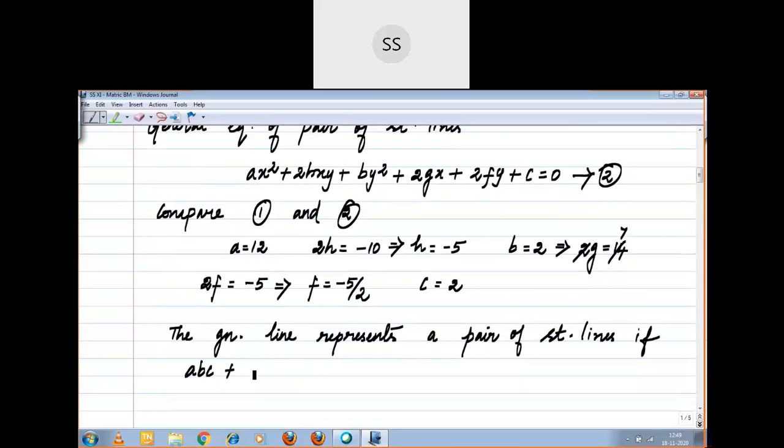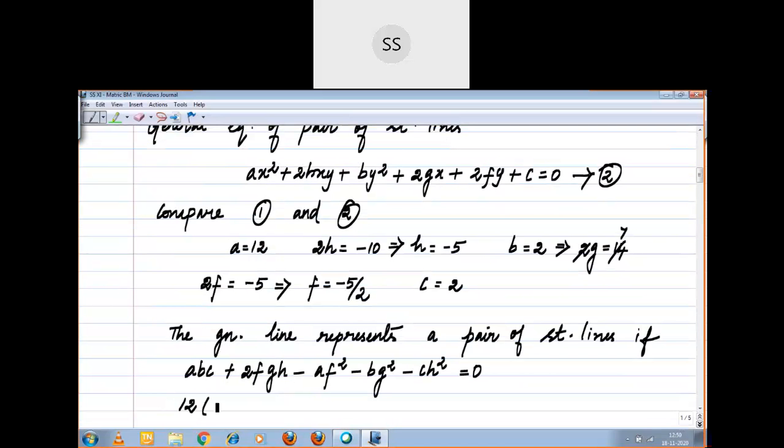If ABC plus 2FGH minus AF² minus BG² minus CH² equal to 0. You know the values of A, B, C and F, G, H. You have to substitute in the left hand side. If you arrive at the result 0, it represents a pair of straight lines. Otherwise it does not.